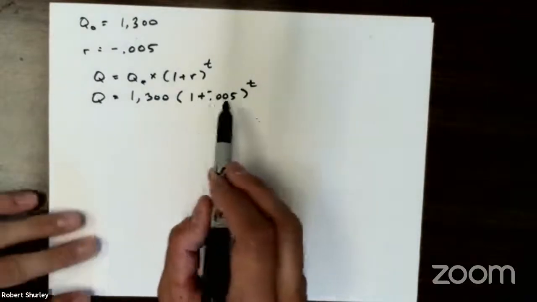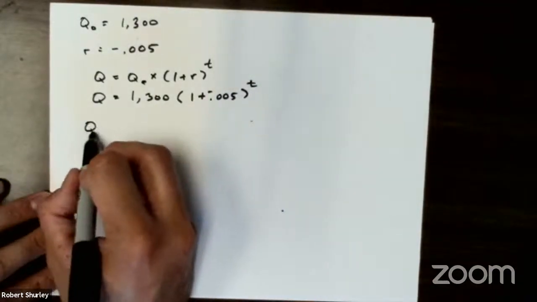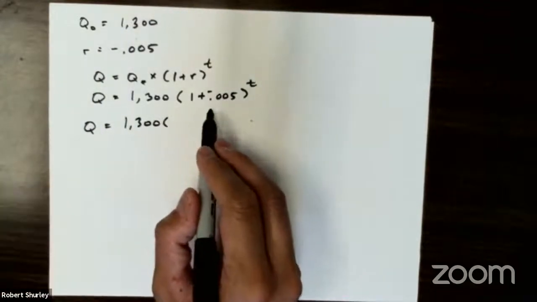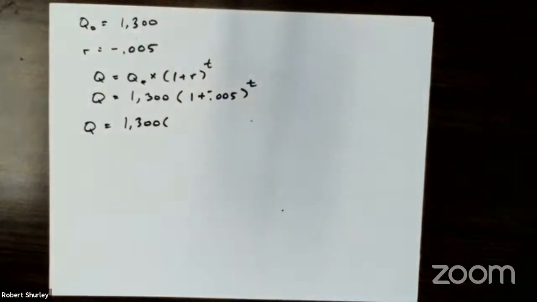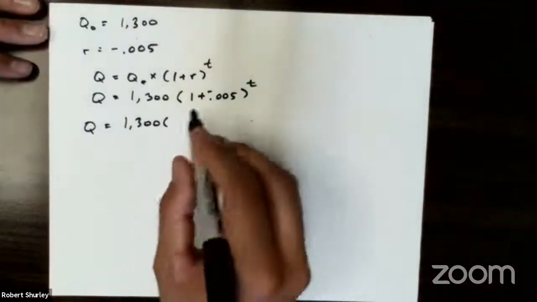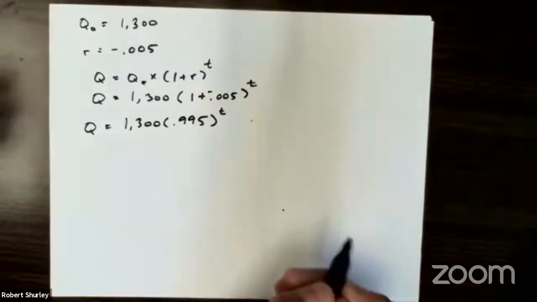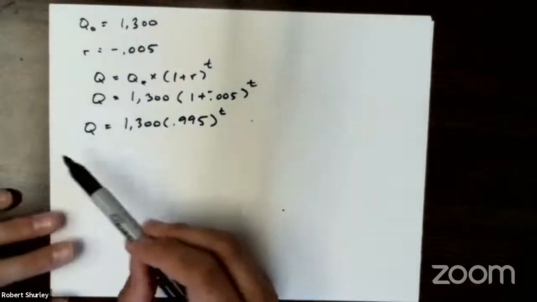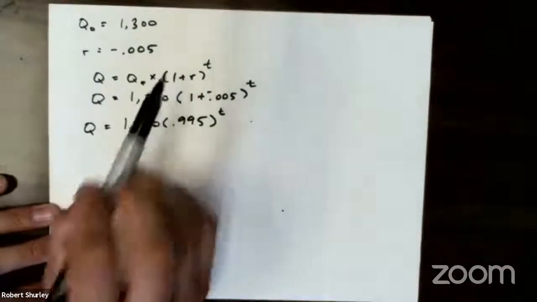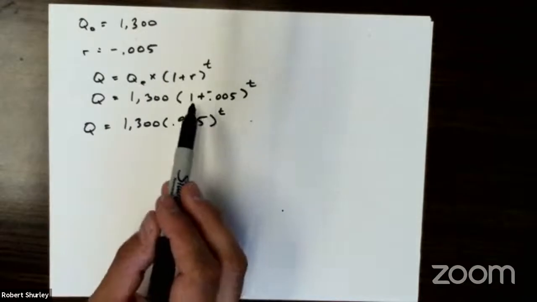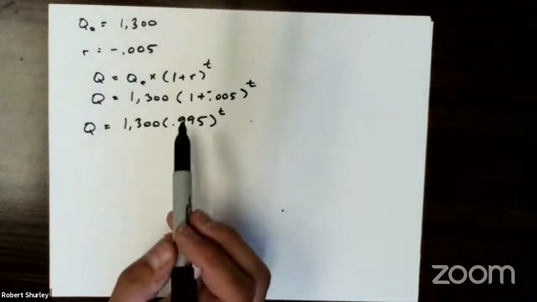So we're going to subtract here. So we get Q equals 1,300 times now 1 minus 0.005. I just want to be careful, I want to make sure this is right. It's going to be 0.995 to the T. Okay, so here's our equation, as long as we start in 2013. Here's our equation for China's population decrease.